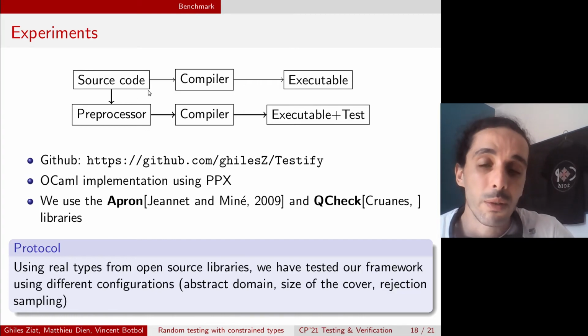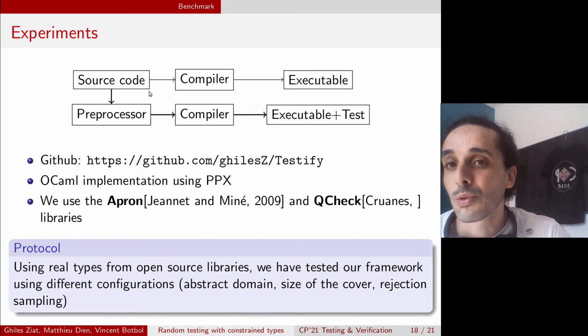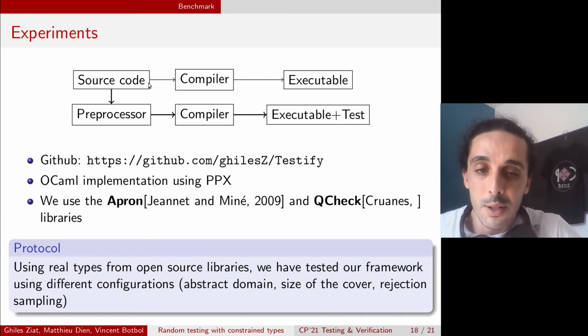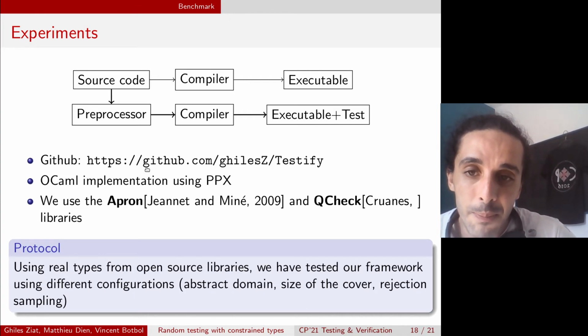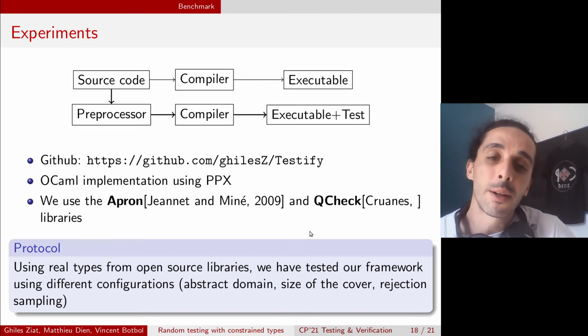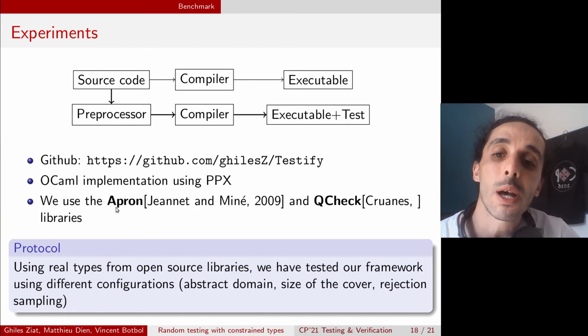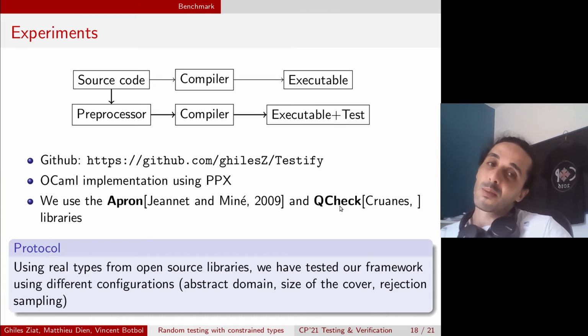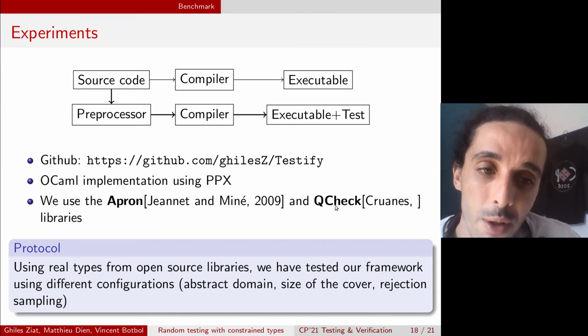You don't have to modify the source code. All you need to do is annotate the types using the annotation we provide. This is available on GitHub if you want to take a look at the implementation. We use the Apron library as the implementation for abstract domains, and we also use the QCheck library that provides primitives for generators.